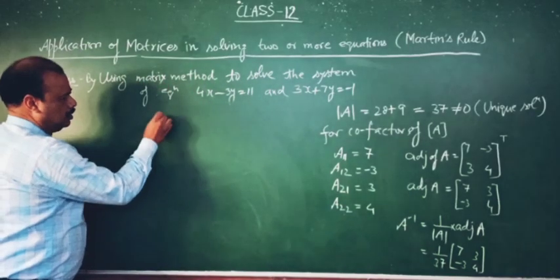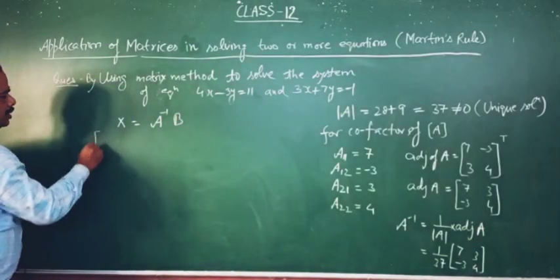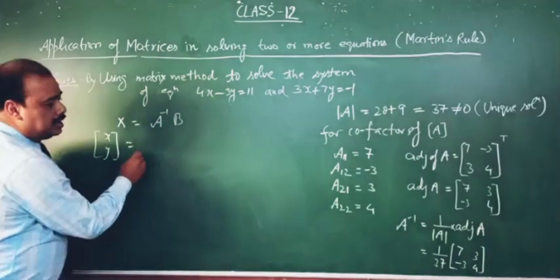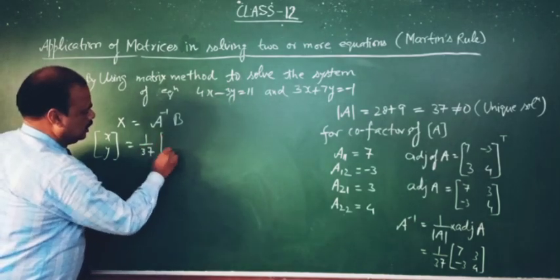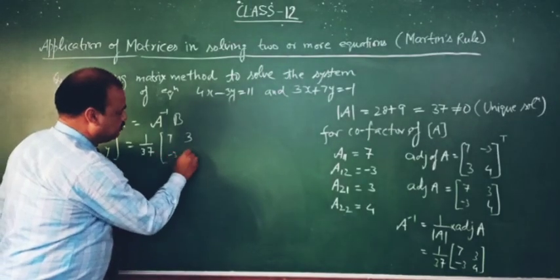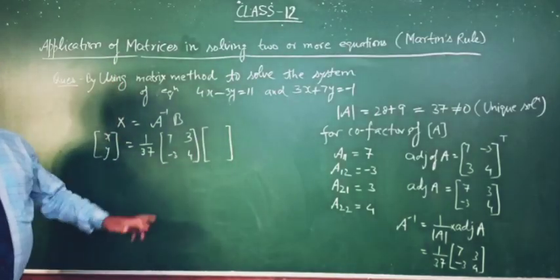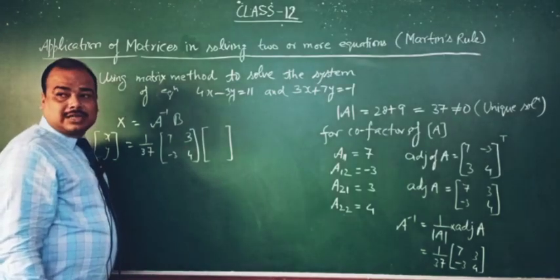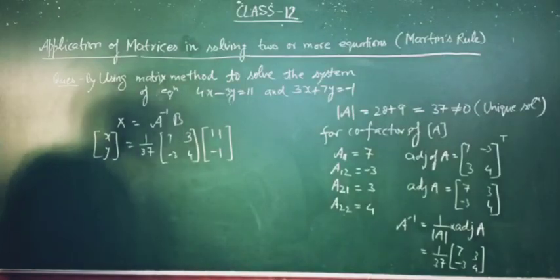Now, X equal to A inverse into B. X is the variable matrix, it means x and y. A inverse is 1 upon 37 into matrix 7, 3, minus 3, 4 into matrix B. Matrix B is the constant matrix, it means 11 and minus 1.